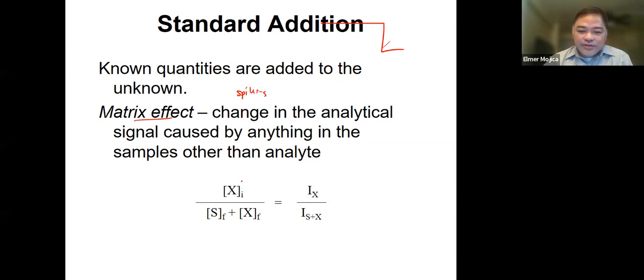So the initial concentration of your unknown analyte over the final concentration of your analyte plus the final concentration of the standard that you spike, is equal to the signal generated by your unknown sample over the signal generated from your sample and the standard that was added. Okay, so let's try to solve a problem.